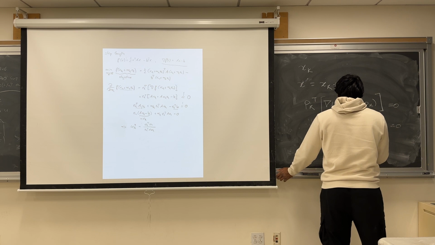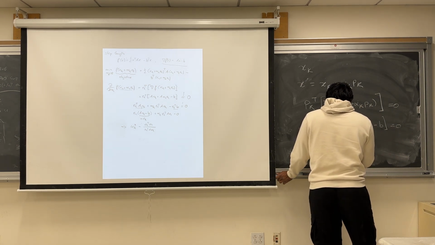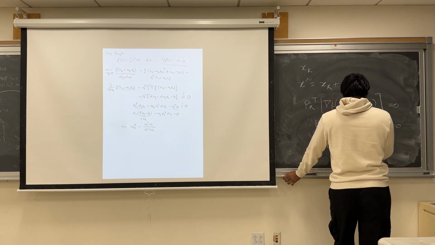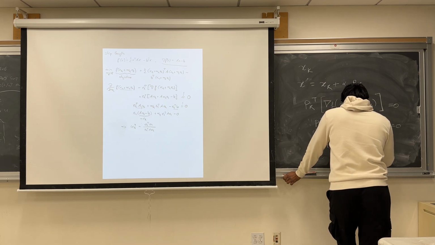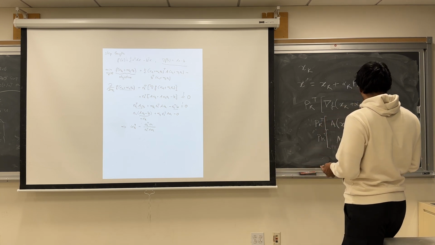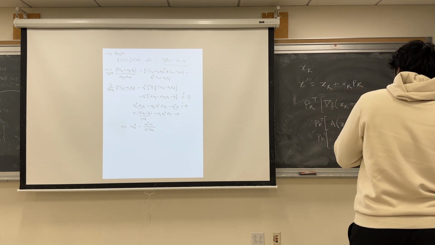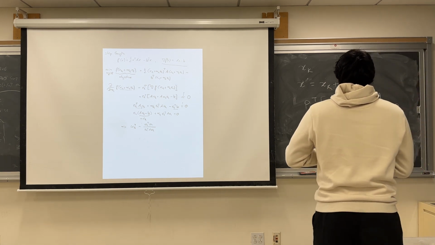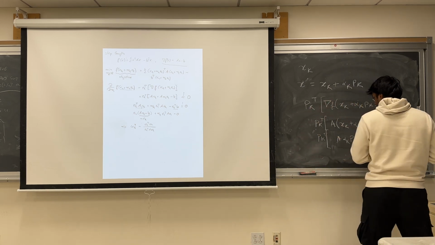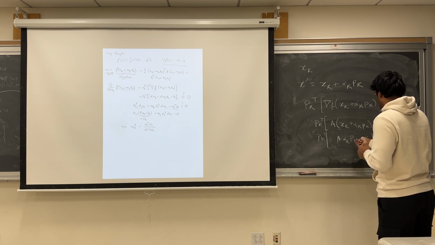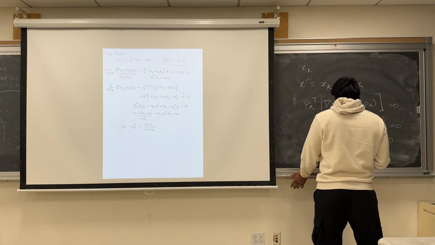A xk minus b, so let me write this as pk transpose (A alpha k pk minus rk) equals 0, because A xk minus b is again the residual at the kth position.